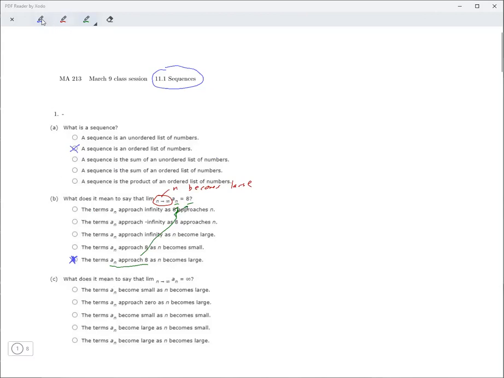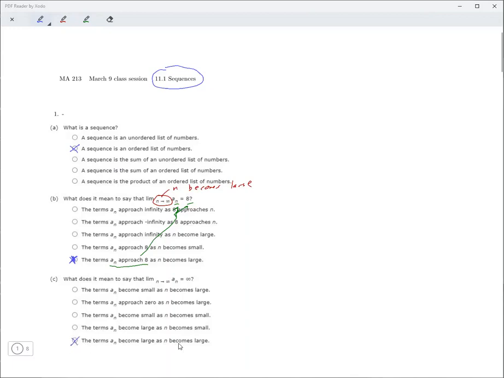And then the third one, what does it mean to say that the limit as n goes to infinity of a sub n equals infinity? Okay, so again, as n becomes large, the terms become large. A sub n goes to infinity as well. So that's this last one.